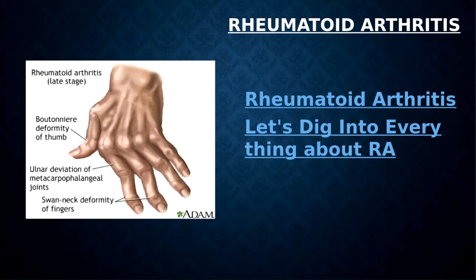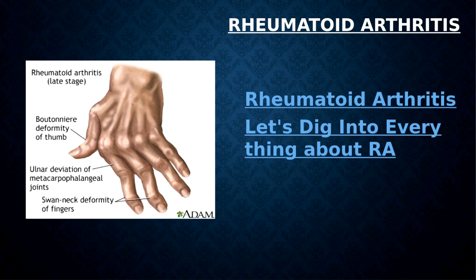Okay. So we're going to move on to rheumatoid arthritis, and there's just a few slides with this. But with rheumatoid arthritis, you'll see a lot of deformities. This is a late stage arthritis that you may see.